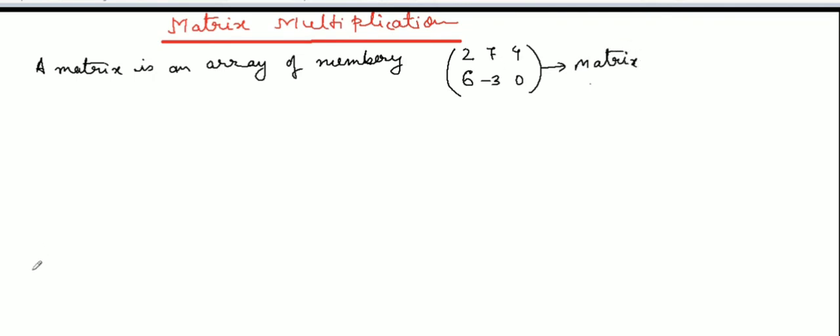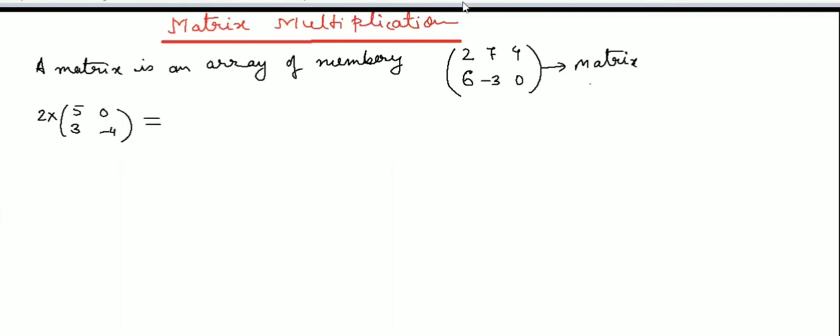To multiply a matrix by a single number is very easy. So let's first understand how to multiply a matrix by a single number. I'm going to multiply a matrix by 2. Let's take a small matrix: 5, 3, 0, minus 4. This is very easy.